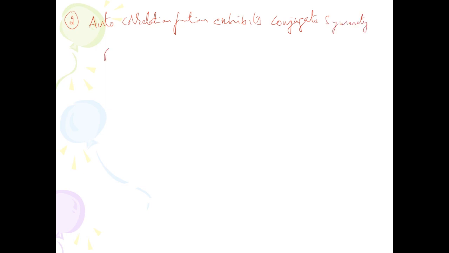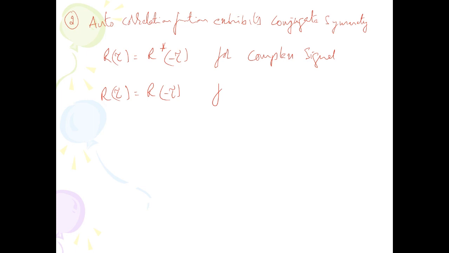That is, R of tau is equal to R star of minus tau for a complex signal. So R of tau is equal to R of minus tau for real signals.